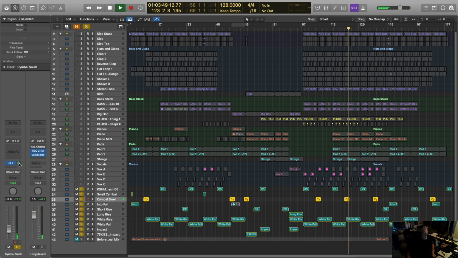That cymbal swell sent to the long reverb. I just picked the white noise samples that already had reverb built into them, that already had effects applied to them. Just dropped them in.